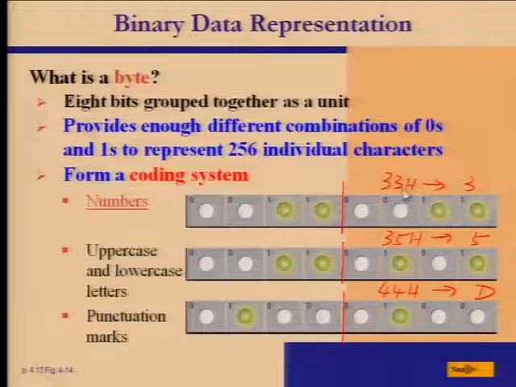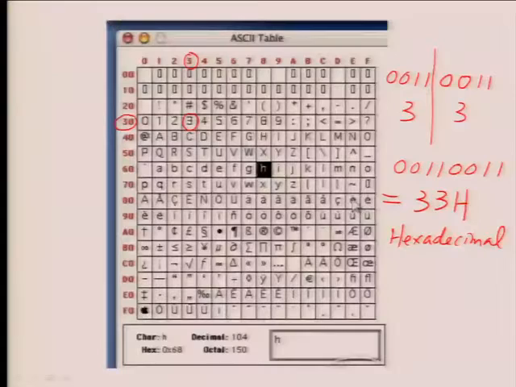So we have 33H. And how do I come up with the character 3 for this representation? You have to go to the ASCII table. I think the next 2 slides will show the ASCII table. If you look at any ASCII table, you will be able to find the code for a particular character. Just now we talked about 33 hex.